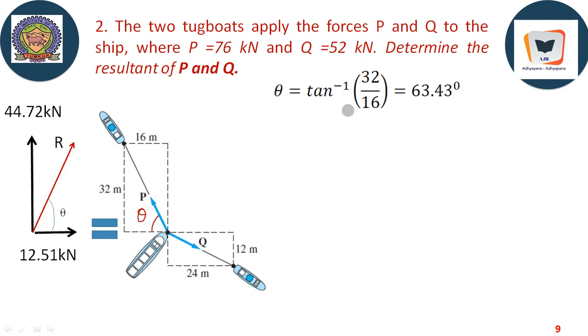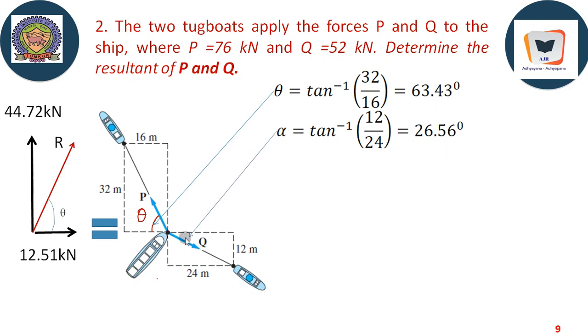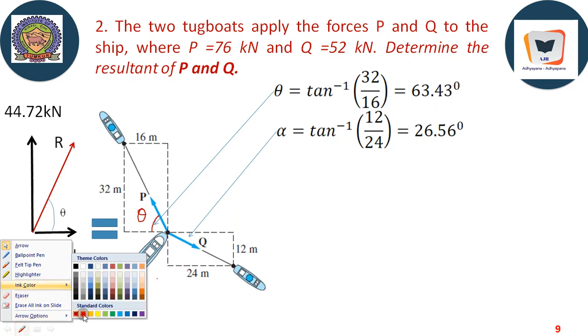So tan theta equals 32 by 16, that is opposite by adjacent, and it becomes 63.43 degrees. Similarly, this is the angle alpha, where tan alpha equals 12 by 24, opposite by adjacent, and we get 26.56 degrees. We will mark that also.